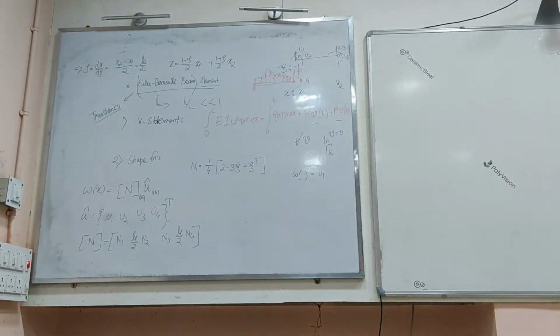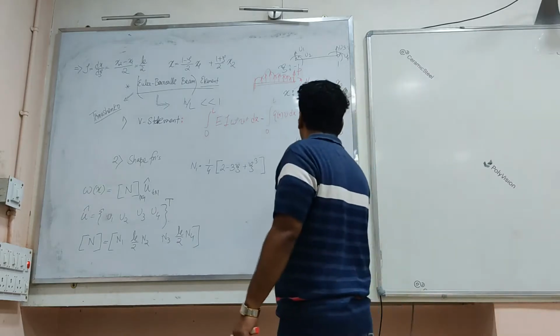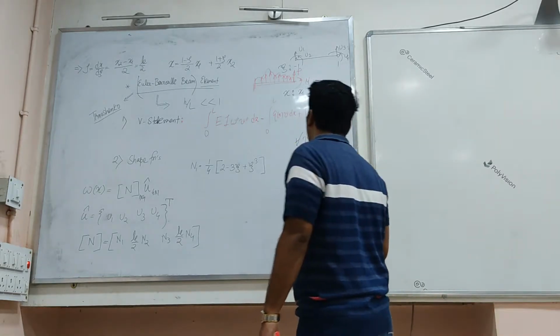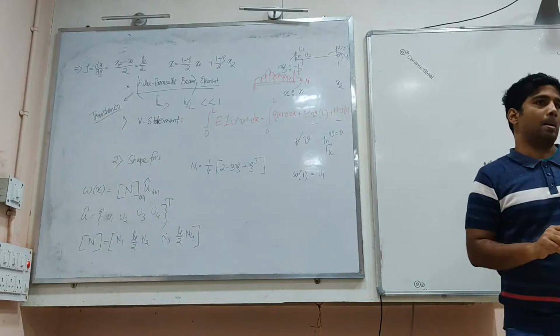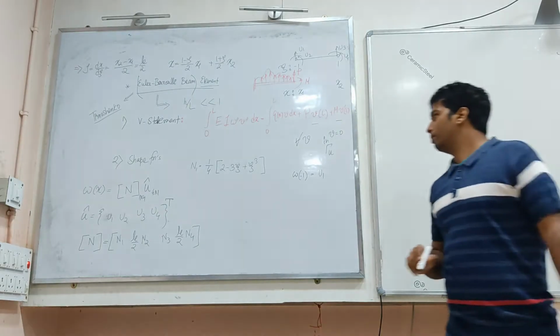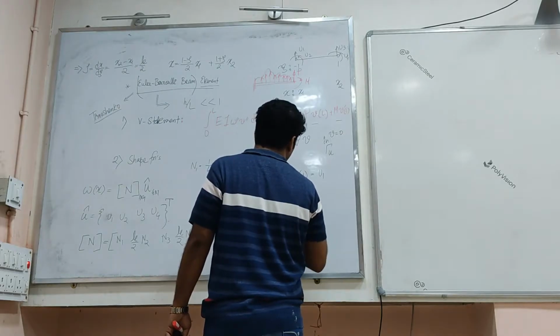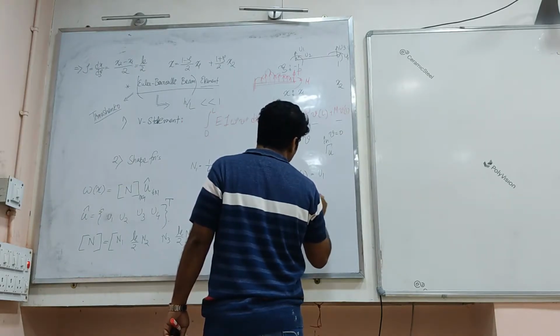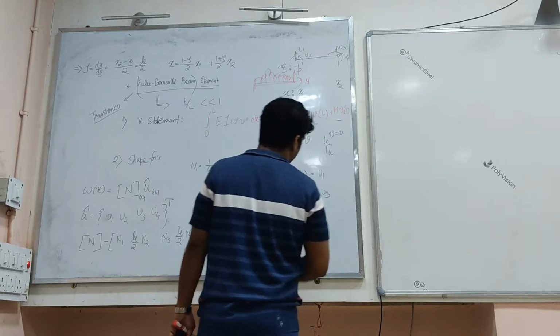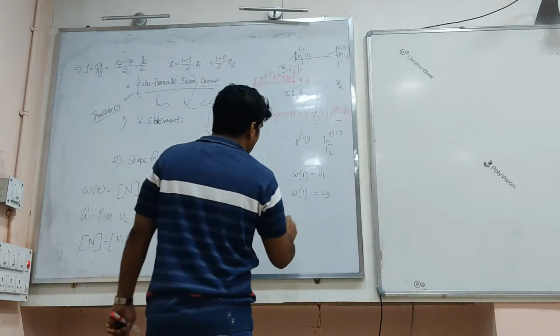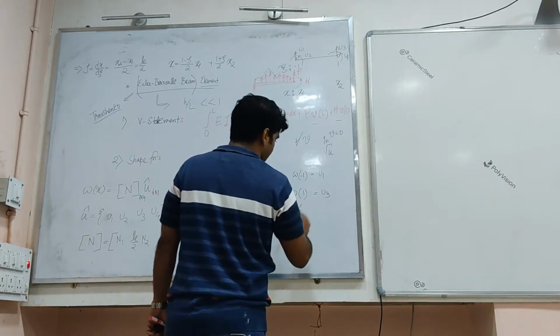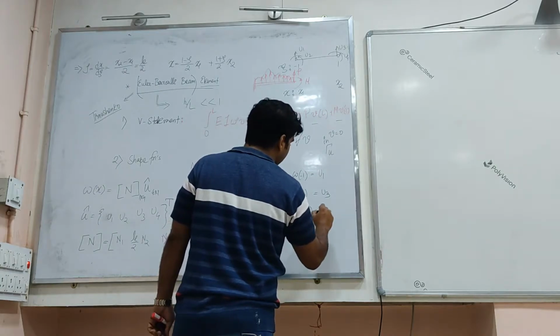Now the value of W when xi equals -1 is U1, and the value of W when xi equals 1 is U3. Value of W prime when xi equals -1 is U2.